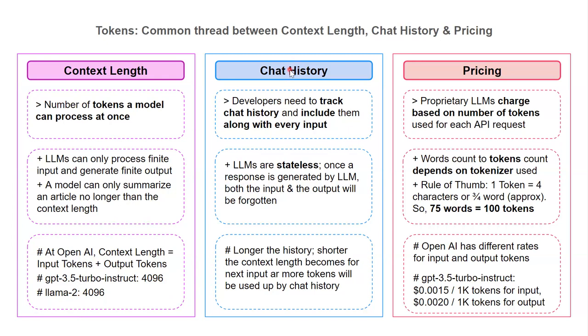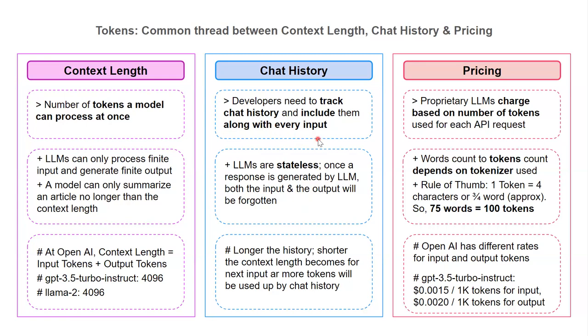Now, chat history. Models or LLMs themselves do not have any history. They are stateless. Once you give an input, it generates the output and it's done, because it goes away from the memory. So if you want to have chat history, developers need to track the chat history and include the history along with every single input.